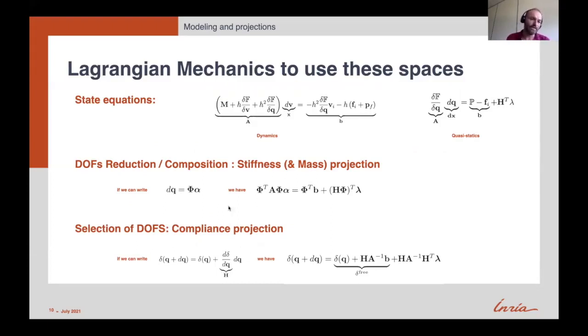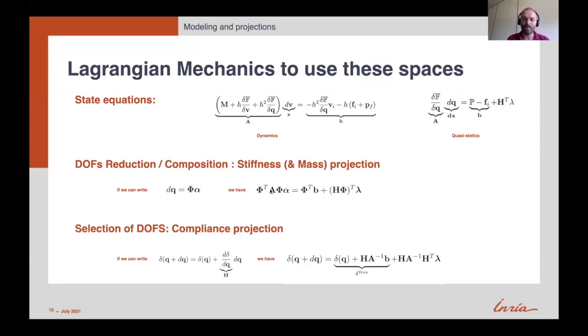One is DOF reduction or decomposition, which is projecting this matrix in a subspace, to have a reduced space. Another way of using Lagrangian mechanics is to select some DOF, and then you use Lagrangian compliance projection. So here you work with the inverse matrix.